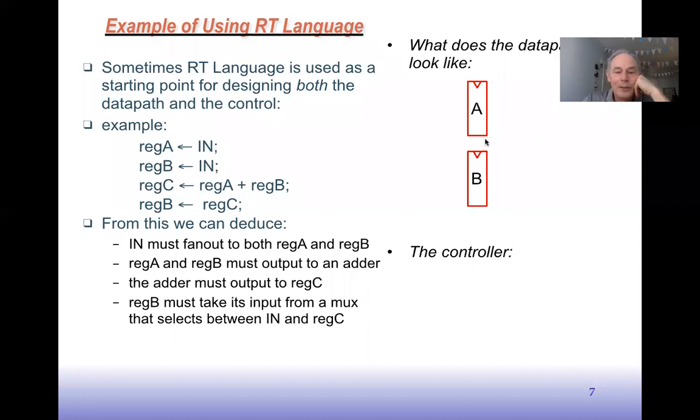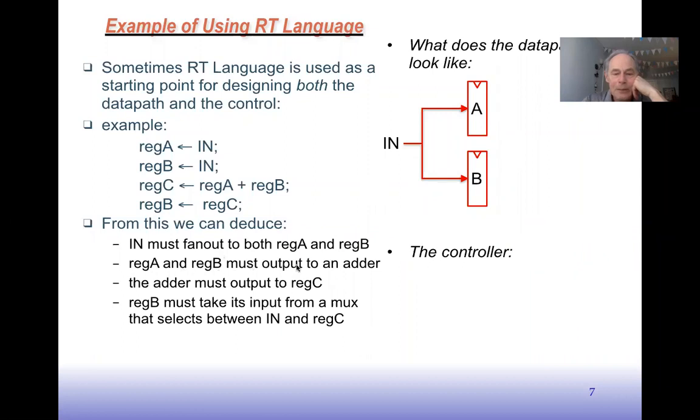Well, we know we need a register A and a register B, so we'll put those here. And then we know that in goes to both A and B. So we can take input and fan it out, right? So I'm assuming there's clock enables on these registers here, so we can choose whether in goes to A or in goes to B, right?